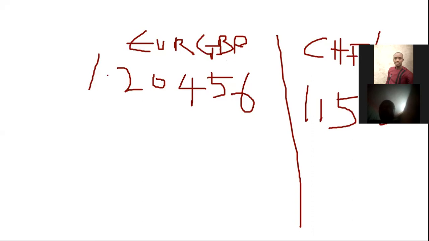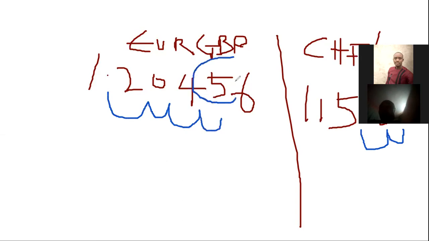You can see that the pip assigned to a yen pair is just like 1 and 2. Meanwhile, for this one, it will be 1, 2, 3, 4. So this is what you are capitalizing on when it comes to yen pairs.